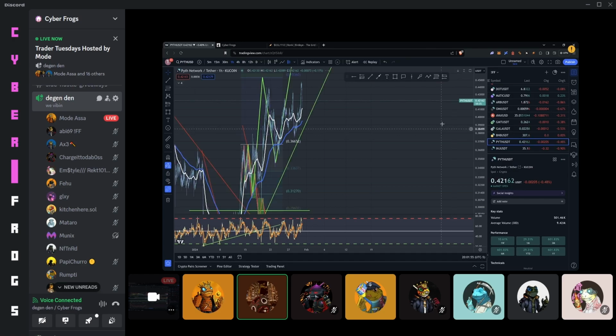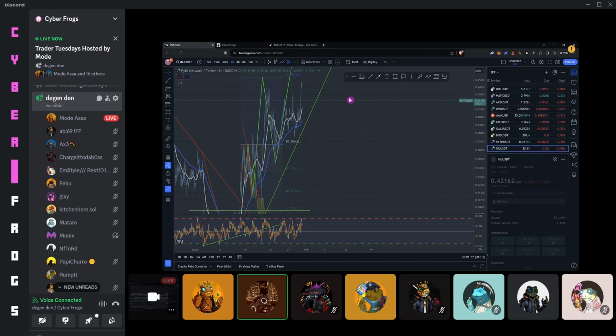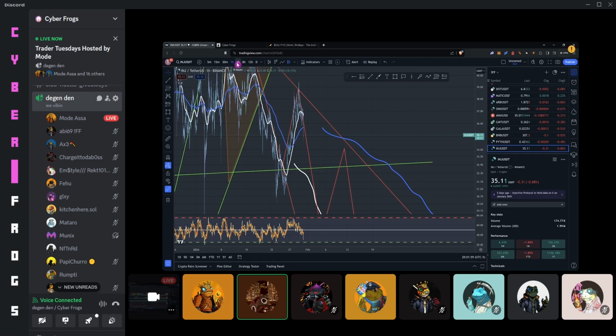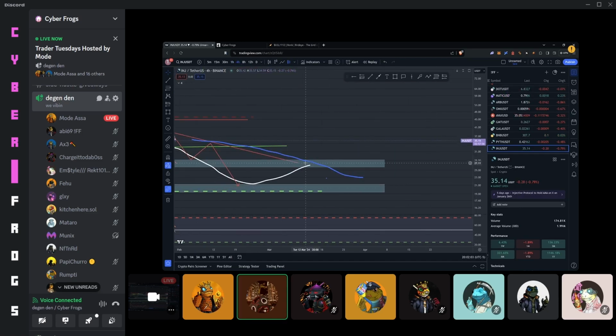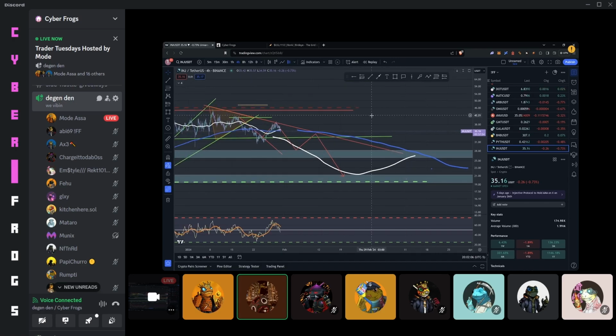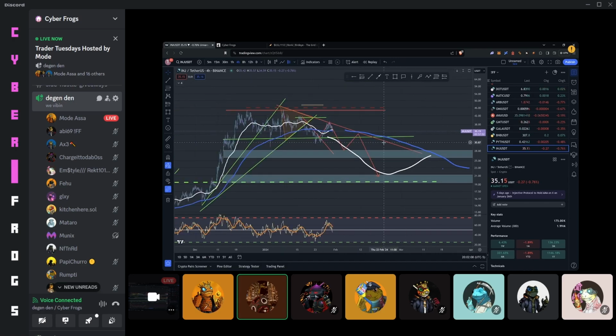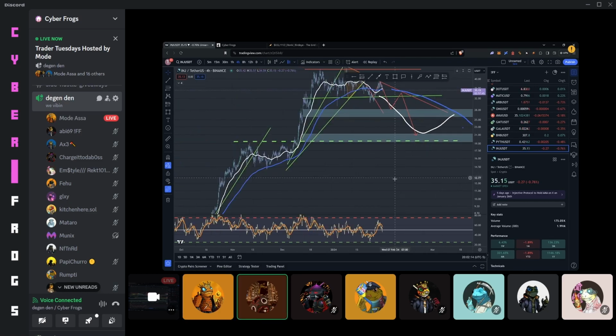For Injective's 1-day chart, it's not even showing anything remotely close to the drop of Sol. So I think Injective could go back down here to 20. Yeah, it's got one at 24.